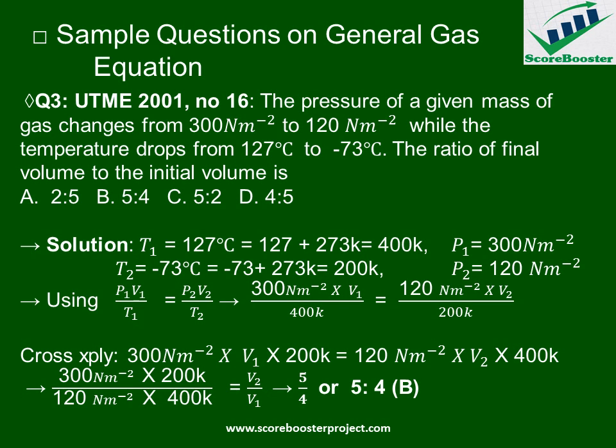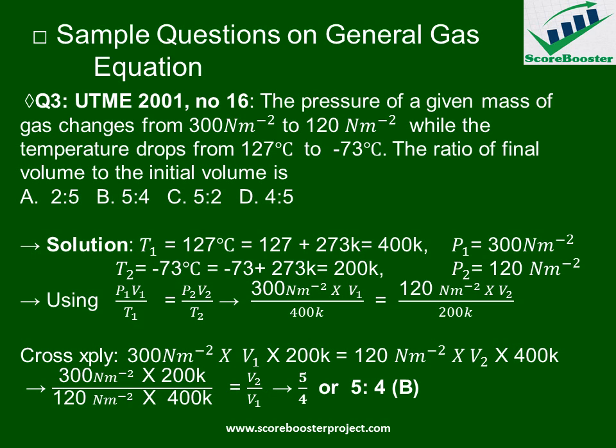While the initial pressure P1 is given to be 300 Newton per meter square. Also, we are given the final temperature to be minus 73 degrees Celsius, which is equal to minus 73 plus 273 Kelvin, giving us 200 Kelvin, while the final pressure is 120 Newton per meter square.